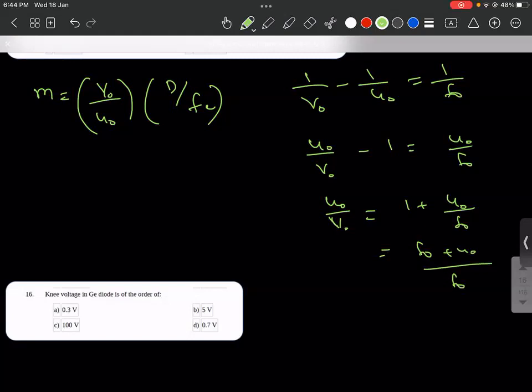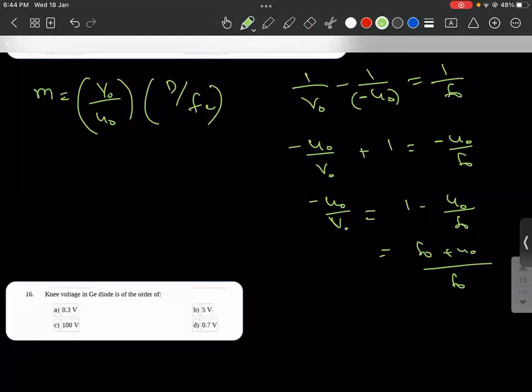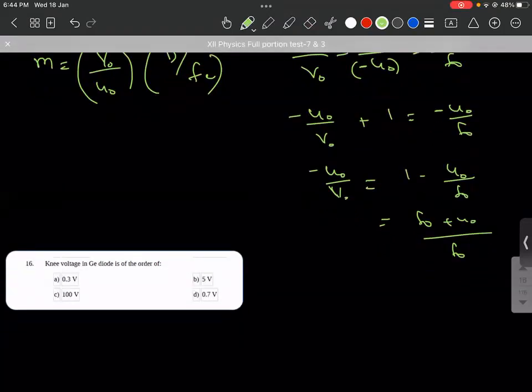One minute, I have to put a minus sign here. So I'll multiply with minus U naught. So this will be plus, this will be minus. So F naught minus U naught is U naught divided by V naught.